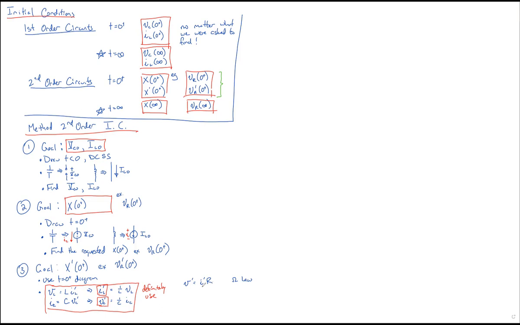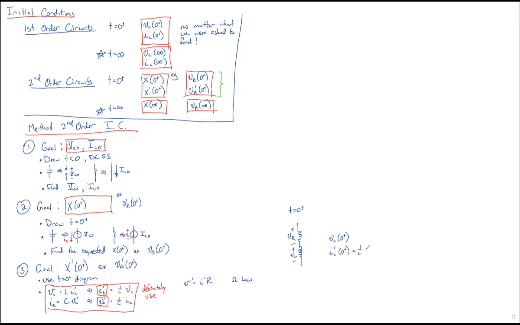So this is a way that if you happen to have a resistor in series with an inductor, and you're asked to find, say, the V sub R, as we started talking about as our initial example, using your step 2, you can find V sub L for time equals 0 plus. Then, now that you know V sub L at 0 plus, you can find I sub L prime at 0 plus.